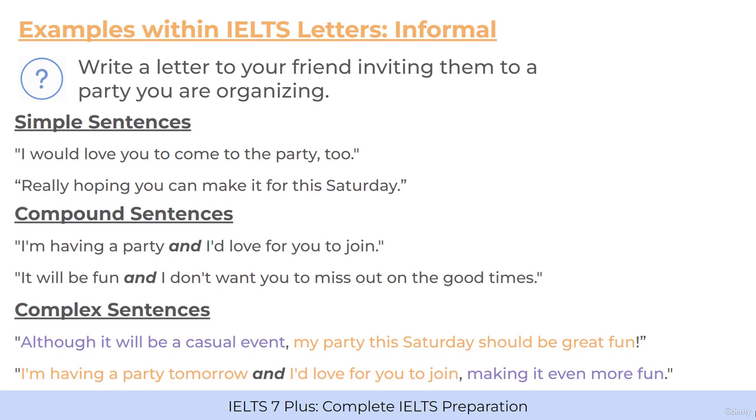I'm having a party tomorrow and I'd love for you to join. And then we make that compound sentence into a complex sentence with this comma plus making it even more fun. So this shows that there is another level to go where we can play around slightly with our complex structures. And overall, just really good practice to have a look through these examples.